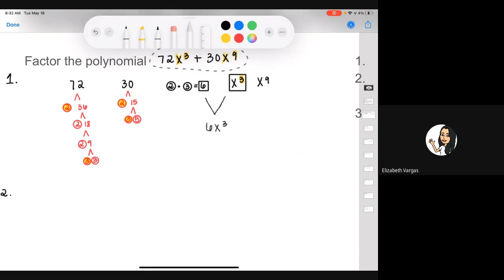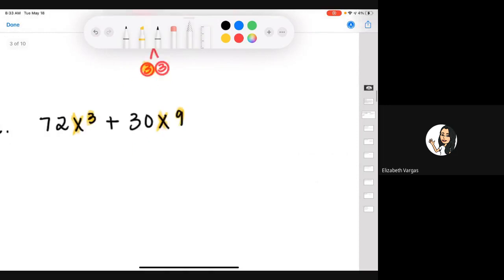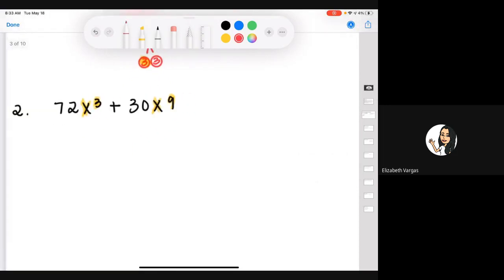I'm going to take this equation just so we can look at it. And basically now I know that my greatest common factor is 6x cubed. So 6x cubed and 6x cubed. Basically, I'm taking away that greatest common factor.